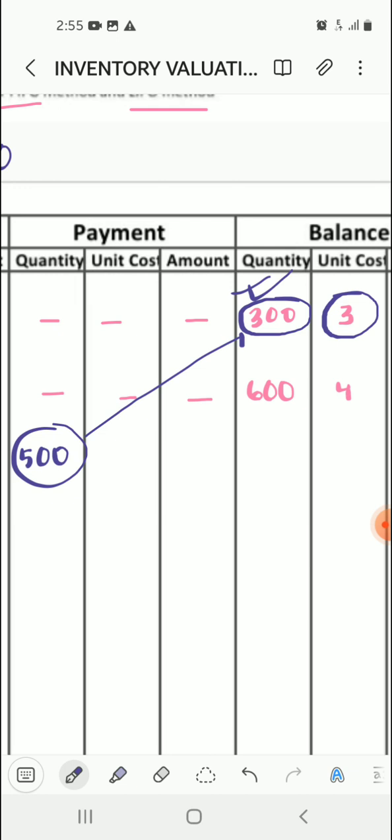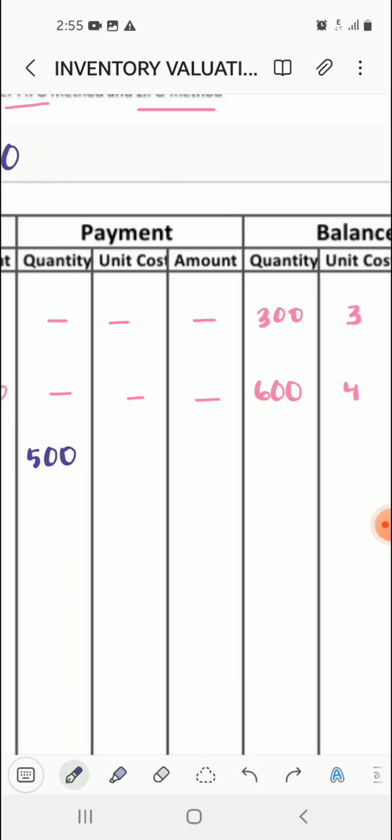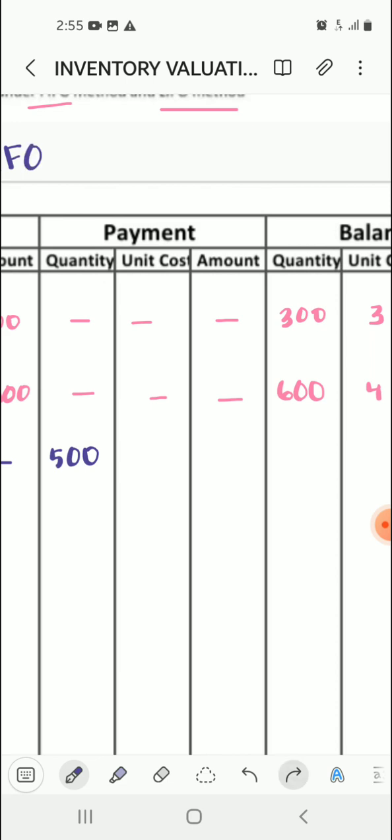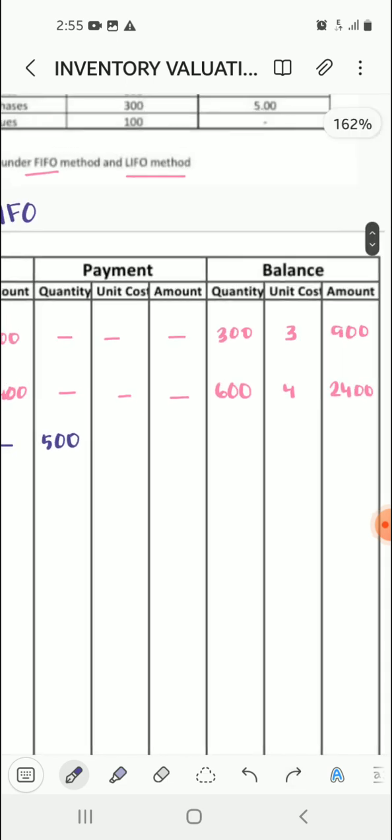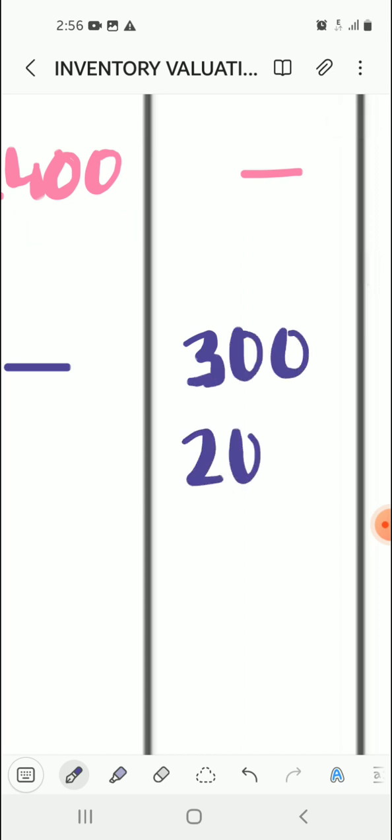So you have to split this 500 into two parts: the first part is 300 of the previous lot and the remaining 200 from the next lot, that is the 600. The first part being 300 of the first lot and the remaining 200 from the second lot.